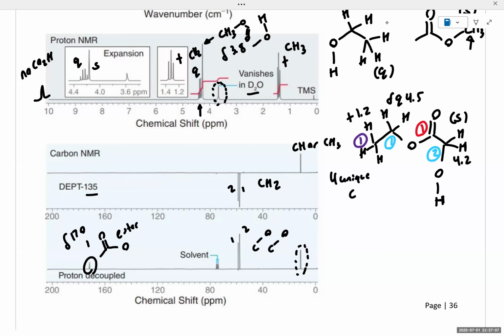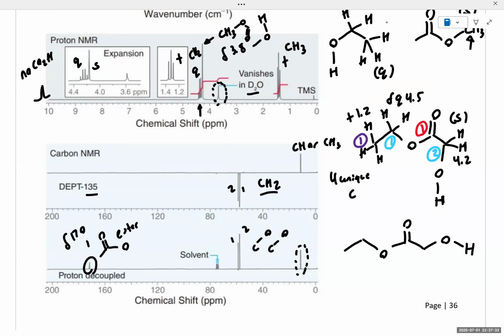So even though we don't have the integrations, we can use the multiplicities to note adjacent protons. The DEPT 135 spectra tells us we have two CH2 groups, and this structure matches the number of CH3 and CH2 carbons. So this gives us a final structure for this molecule that looks like this.